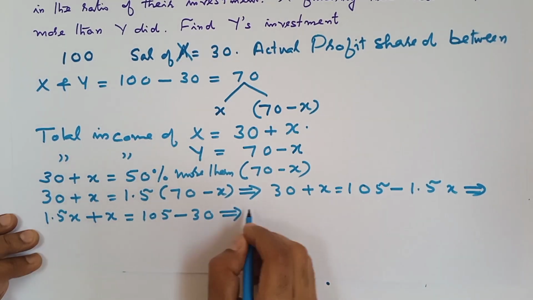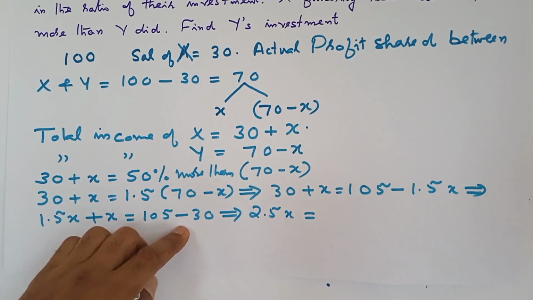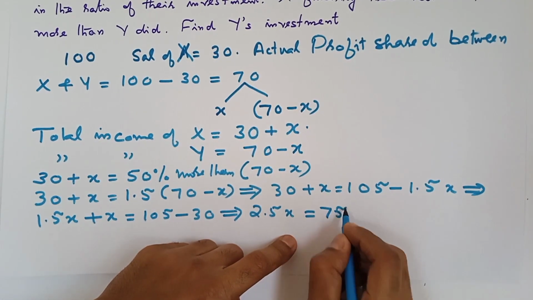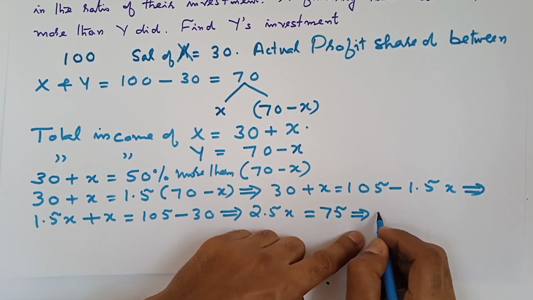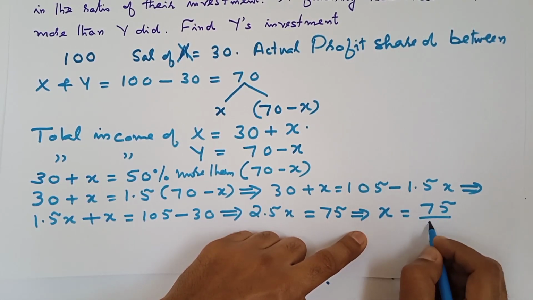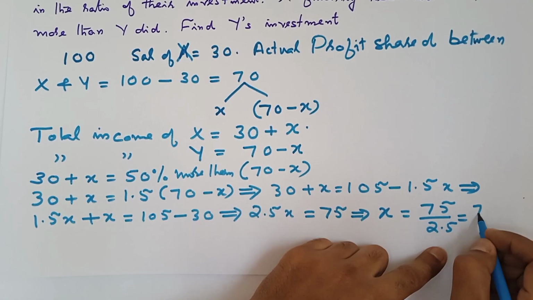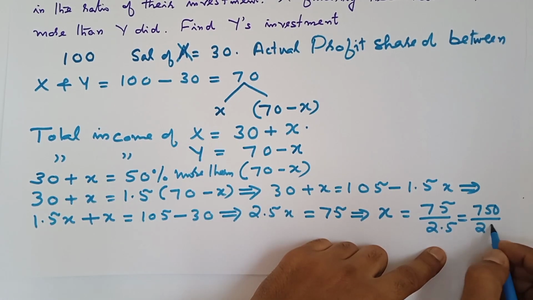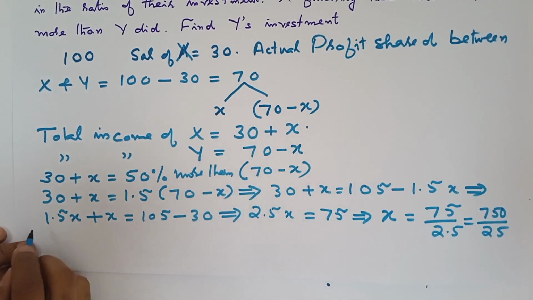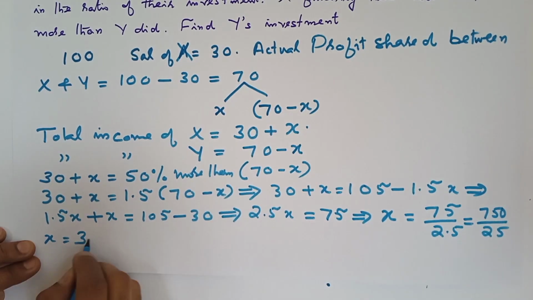So this will be 2.5x, this is 75. So x is equal to 75 by 2.5, which is 30.